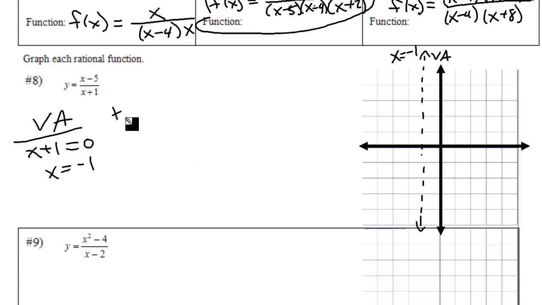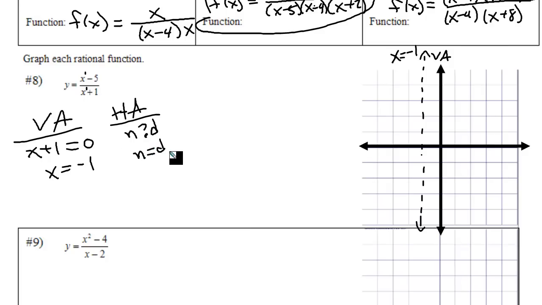To find the horizontal asymptotes, take the exponent of the numerator and denominator and compare them. See which one's bigger, which one's smaller, or if they're the same as each other. The exponents here are a 1 and a 1, so the same.